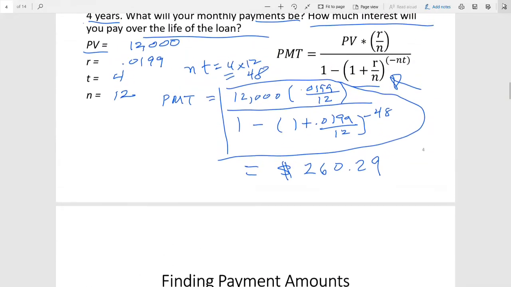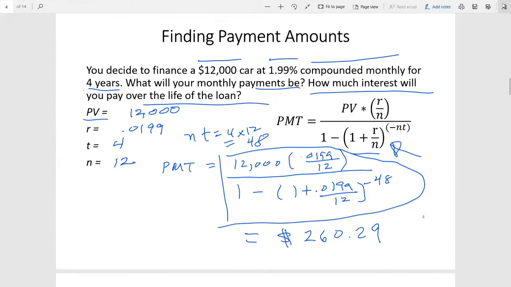The total payments will be 48 payments times $260.29 for the payment. Let's bring that up again.